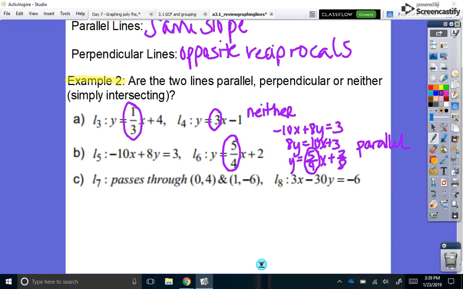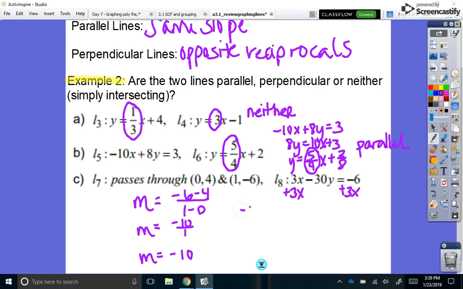Lastly, we're going to have to do some work on line 7 and line 8. So for line 7, to get the slope, I'm going to do negative 6 minus 4 over 1 minus 0. So negative 10 over 1, or negative 10. For line 8, I'm going to add 3x to both sides. Negative 30y equals 3x minus 6.